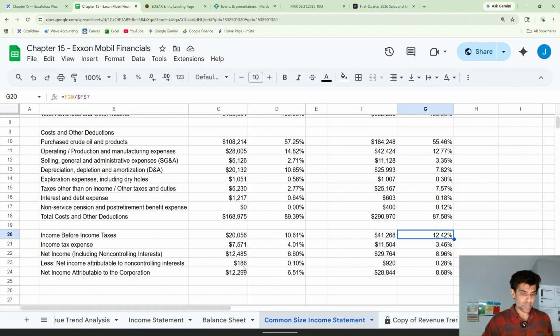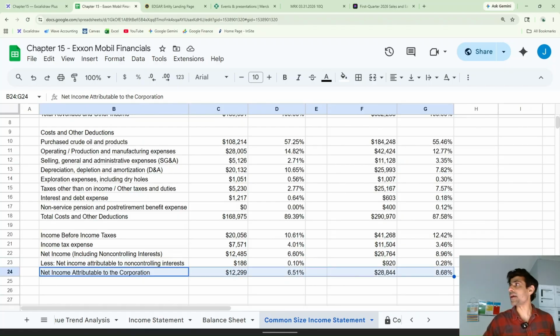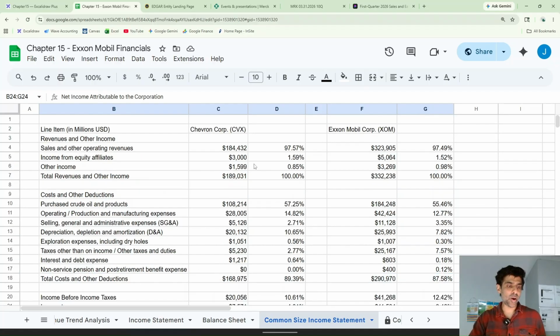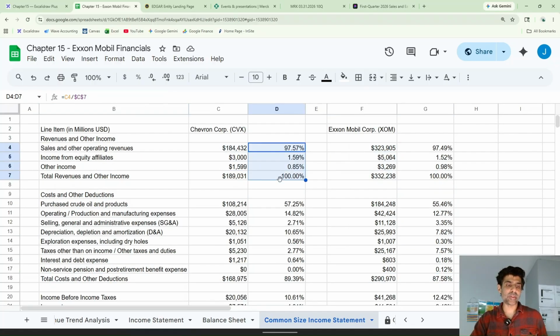And on the net income bottom line, ExxonMobil is far stronger than Chevron. So hopefully now you can see it's called a common size income statement, meaning that we've converted all these different dollar amounts into this margin analysis, which allows us to compare much more easily.